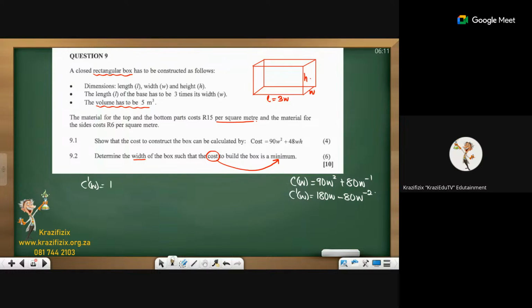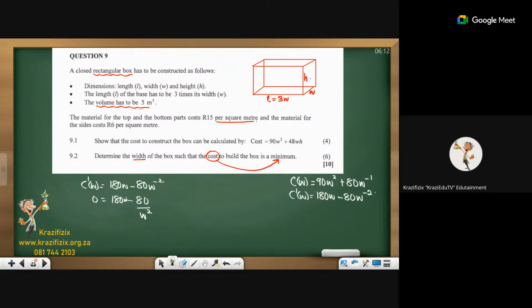What do we have? 180W minus 80 over W squared, and that is equal to 0.